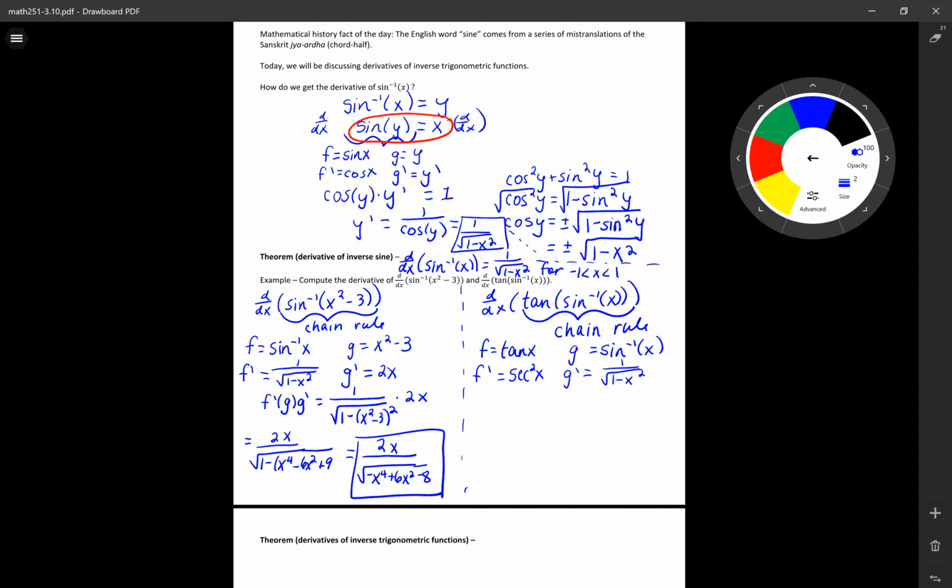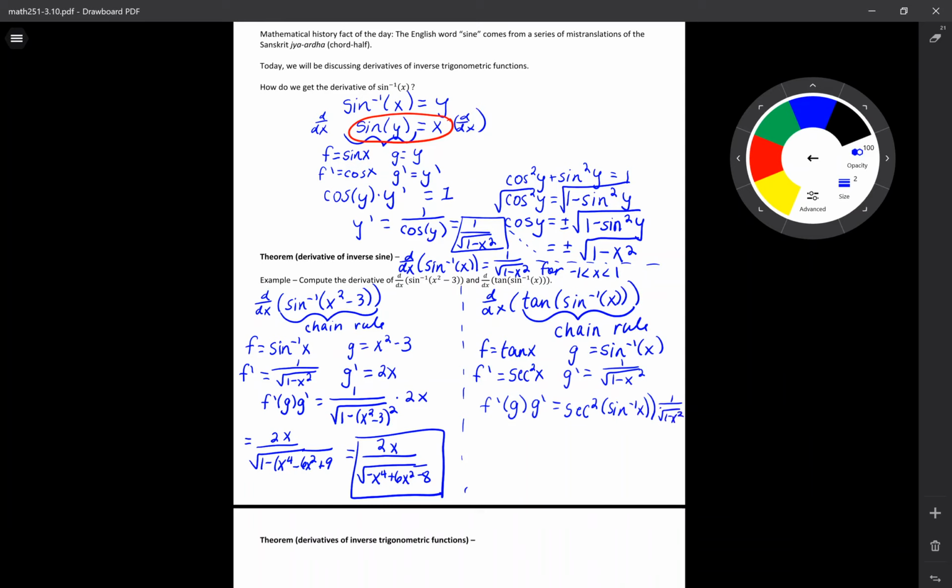So then f prime of g times g prime is equal to secant squared of sine inverse of x times g prime. So that's times 1 over square root 1 minus x squared.